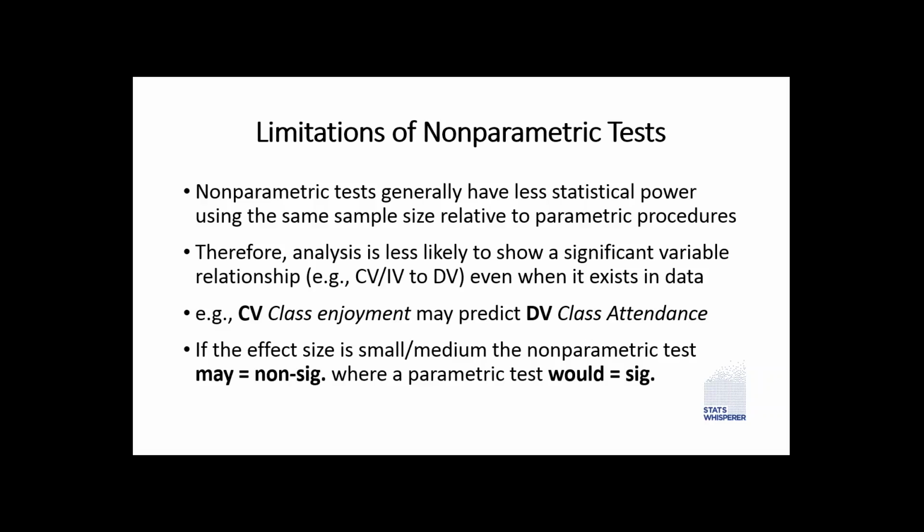So analysis is likely to show a significant relationship using the parametric tests. If we take an example, let's say class enjoyment is related to the dependent variable class attendance. If the effect size is small or medium, with the same number of people, the parametric test may pick it up, where the non-parametric test may not see that relationship. So that's one limitation.